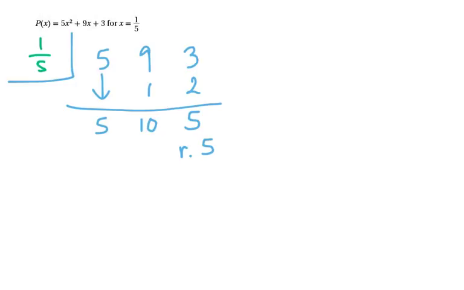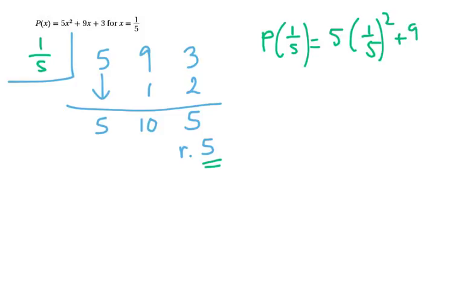Let's actually put 1/5 into the function, and when I evaluate this for 1/5, I should get 5. I should get this remainder here. Okay, so function p at 1/5 is 5 times 1/5 squared plus 9 times 1/5 plus 3. Okay.